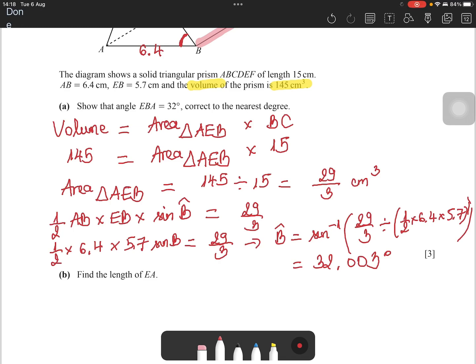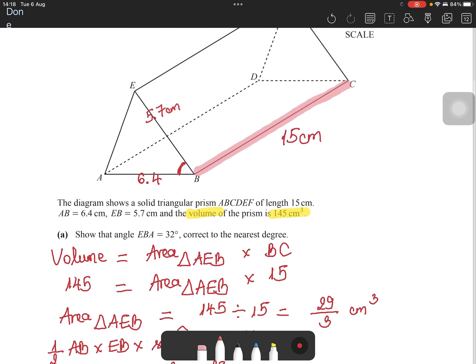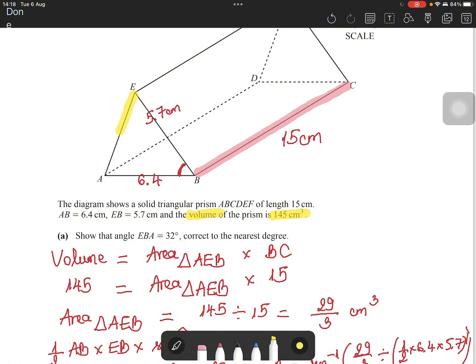B. Find the length of EA. EA is this one. From question A, we know that the angle EBA is 32 degrees. So to find the length of EA, we can use the cos rule.